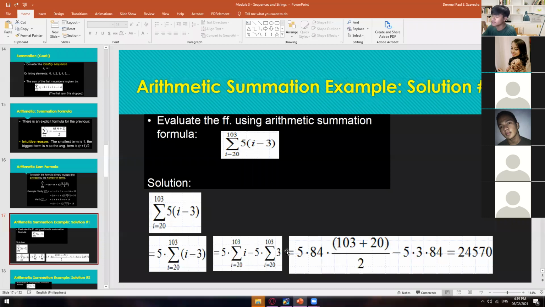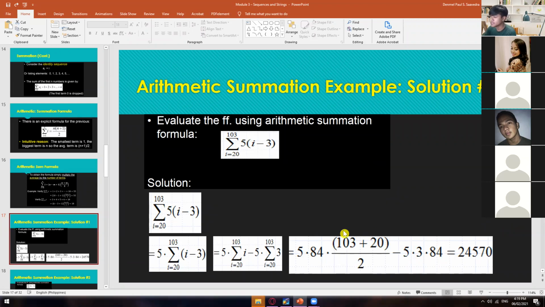Actually, supposedly times 84 first, but since here it is 3, then it's fine. You can interchange those since they are a product summation, and nothing will change anyway. So 5 times 3 times 84, or 5 times 84 times 3. Again, the summation is your 84, which is your n minus m plus 1.